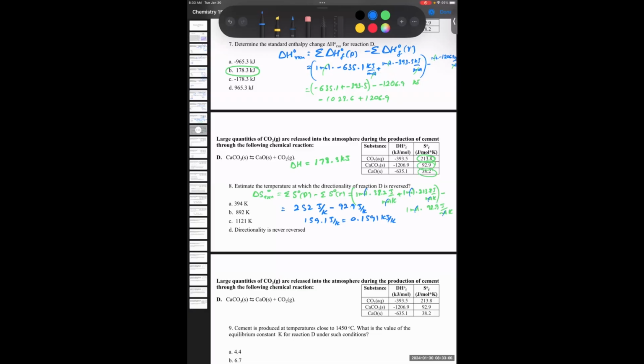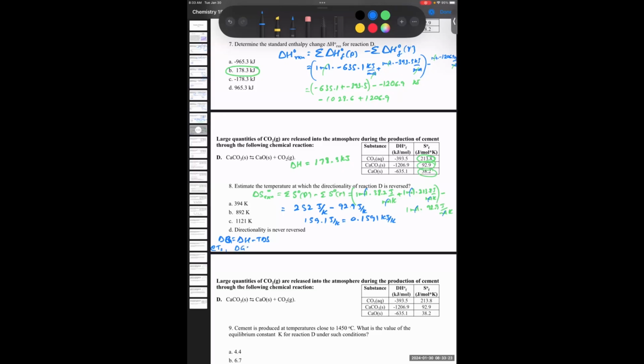Okay, so delta G is equal to delta H minus T delta S. At the switching temperature Ts, delta G is equal to 0.